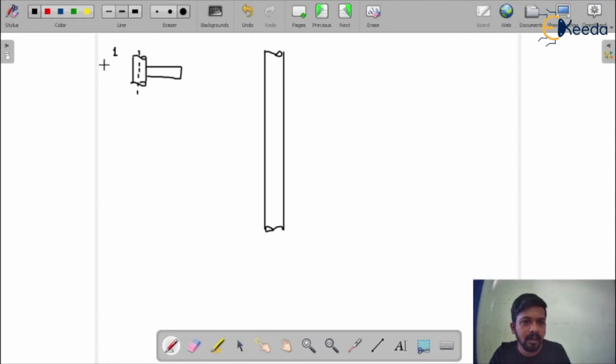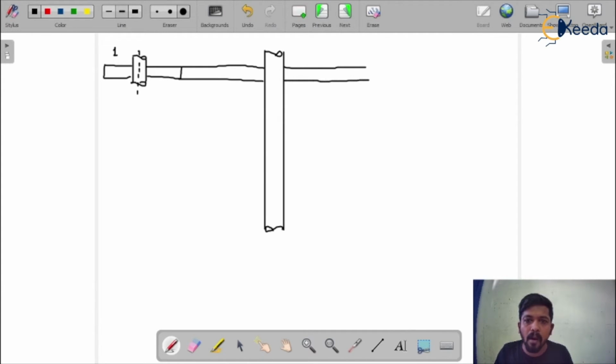This is gear 1, and gear 1 and gear 2 are in mesh with each other. So I am drawing it. This is gear 2, so this is gear number 2 and gear 3.